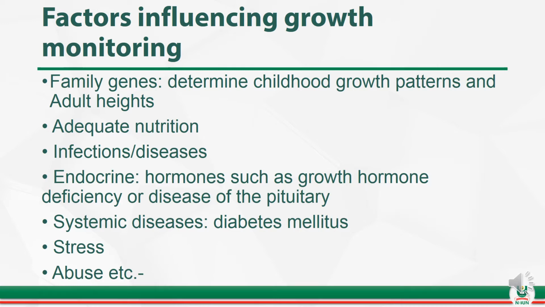Then you have some other systemic diseases like diabetes mellitus. Then you have other extraneous factors like stress in the environment where the child is growing up, and abuse. Child abuse can also influence growth in such a child.